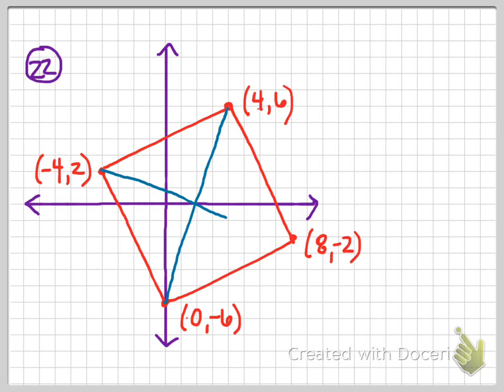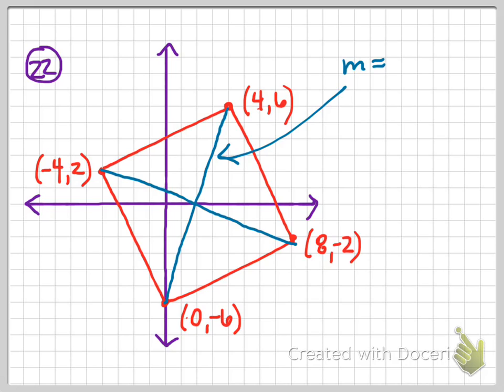Let's go ahead first and see. Ooh, I wonder if they do cross on the x-axis, or if I just drew that like that. Let's go ahead and first see if they are perpendicular. So if I look at the slope of the first diagonal that I drew, this one right here, I'm going to use the x and y coordinates from the endpoints.